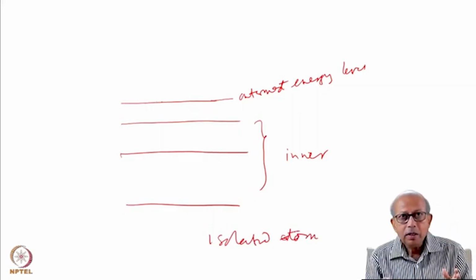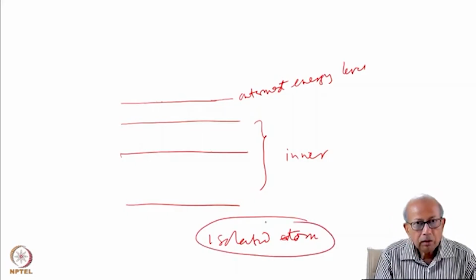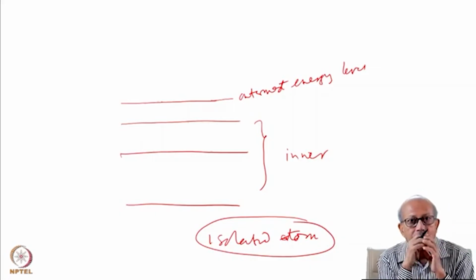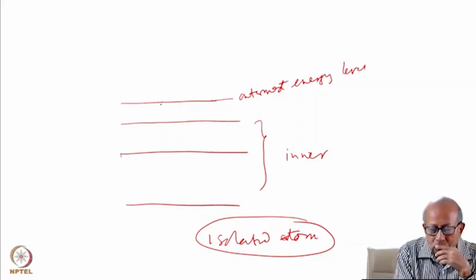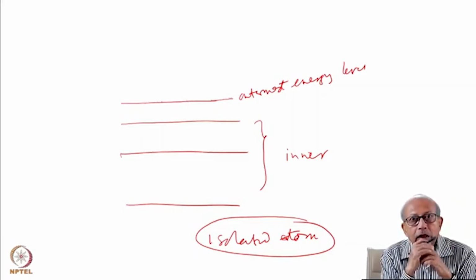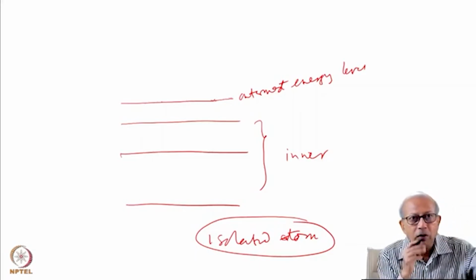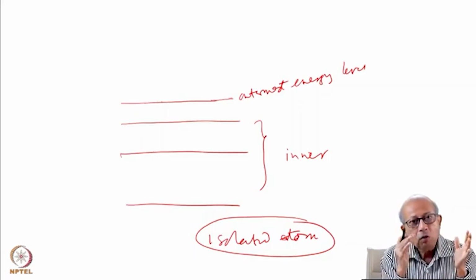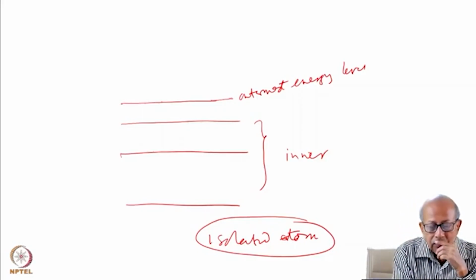Now when you pack these atoms very densely together to form a solid, the wave functions of the electrons residing in the outermost level of different atoms overlap quite significantly, and this results, as we have seen, in splitting of this energy level.